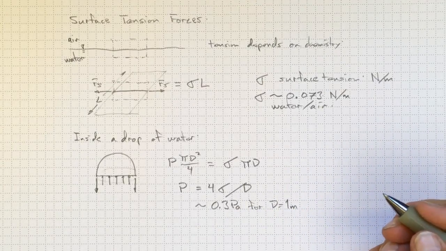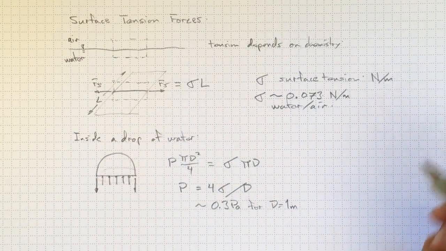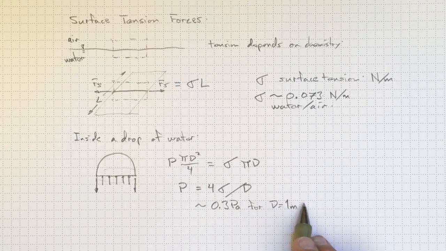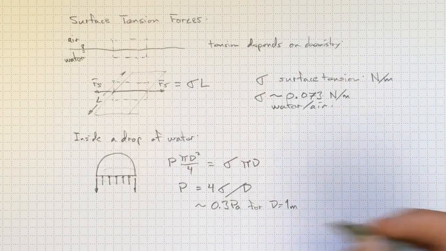So if we had a 1 meter drop of water, the pressure difference would be pretty small. Remember that 1 atmosphere is 100 kilopascals. So this is a very small pressure difference. Surface tension is going to be pretty unimportant at large scales like this.